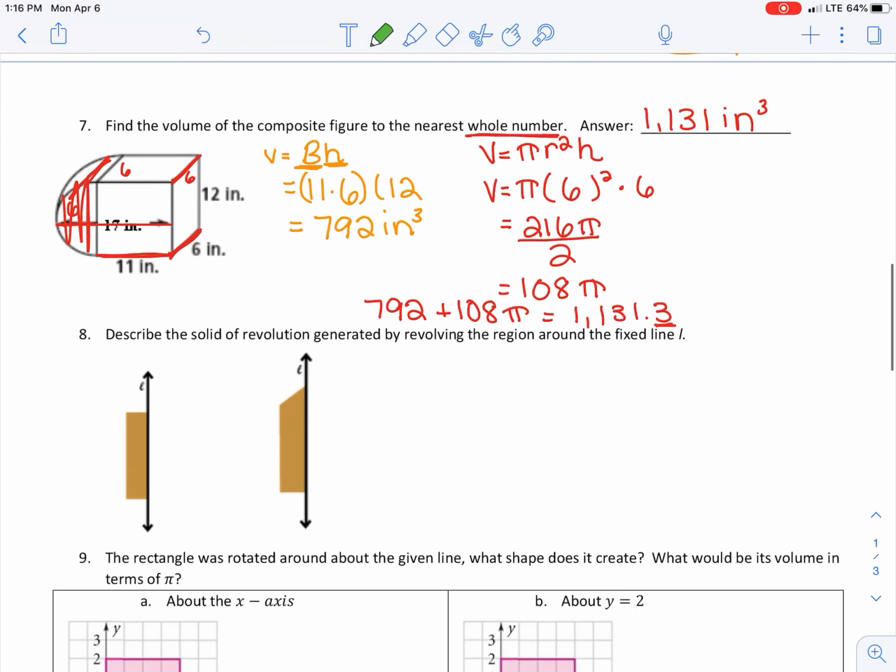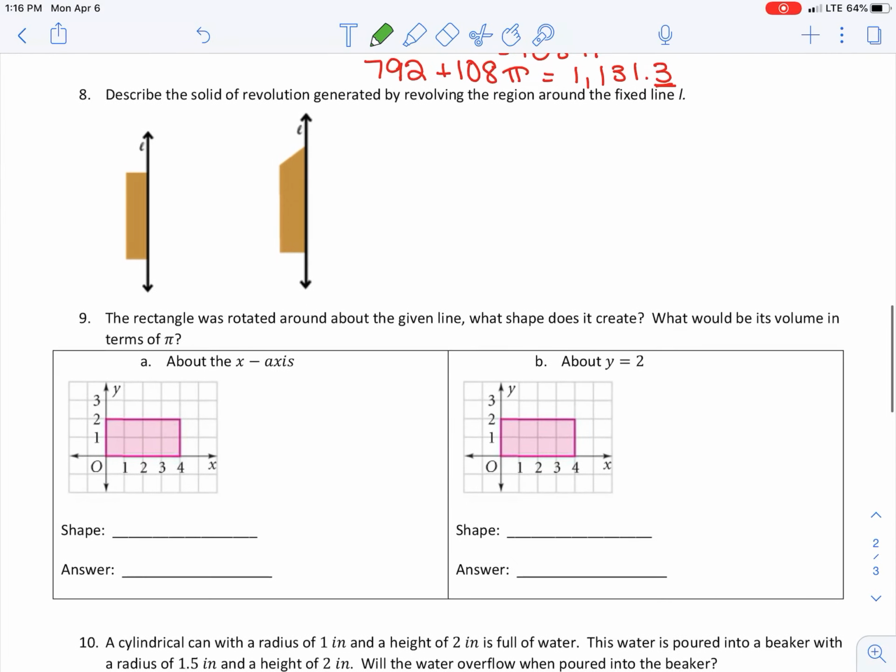All right, moving on to number 8. So normally we would show you a video to describe number 8 on GeoGebra, but since we aren't at school, it's just something that you're going to have to see. So describe the solid of revolution generated by revolving the region around the fixed line. So that's like me saying I'm going to revolve this right here around this line. So I'm just going to turn it around that line.